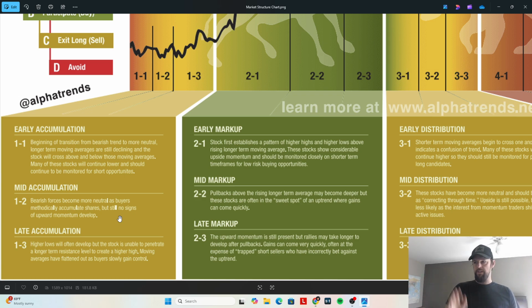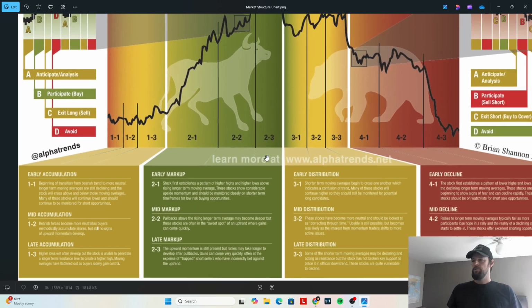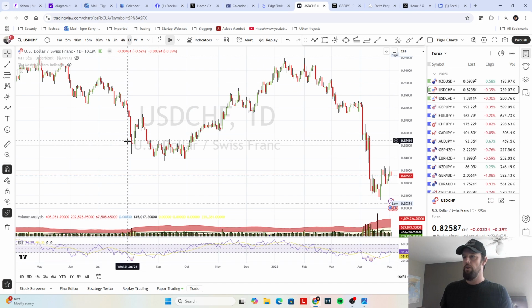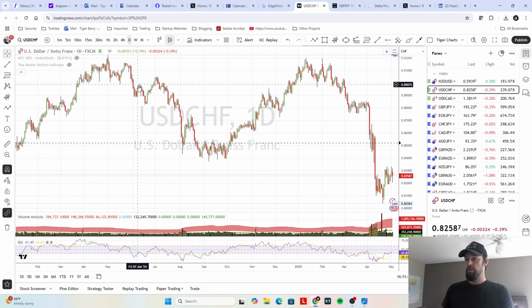And you'll start to see that when we get over to the markup phase. But that's what it's all about. So big banks and institutions, well, actually, if I just go back to my chart. Remember, this was a downtrend, right? From this point up here down to here, the buyers, the big banks, started stepping in right here and just accumulate.